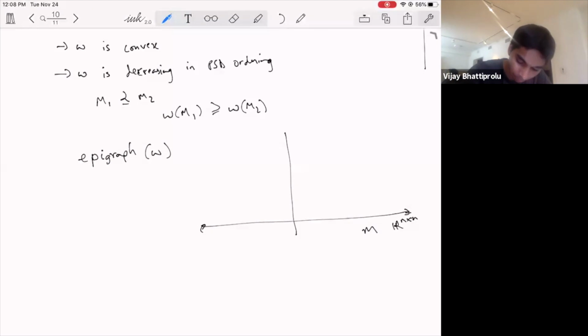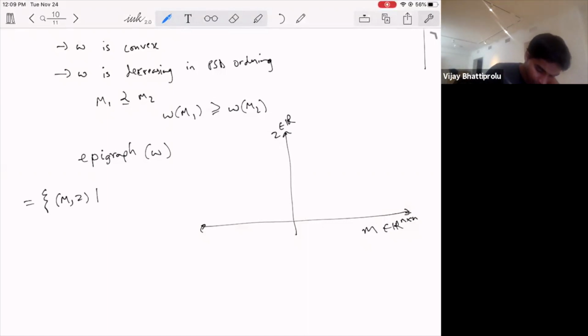So M is this lower axis, and we think of, let's say, Z in R as the vertical axis. Just recall the epigraph of a function is, and in this case, the epigraph of omega is the set of M comma Z such that Z is at least omega of M.